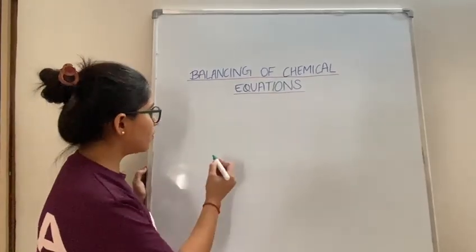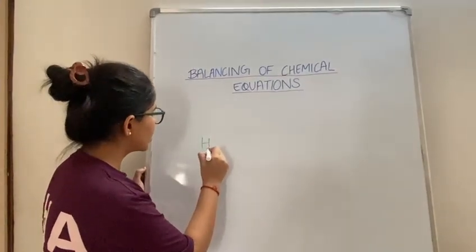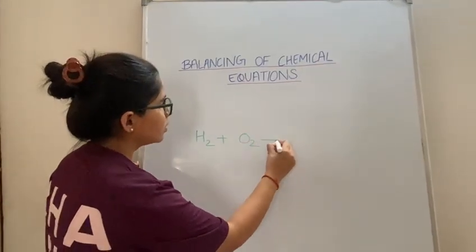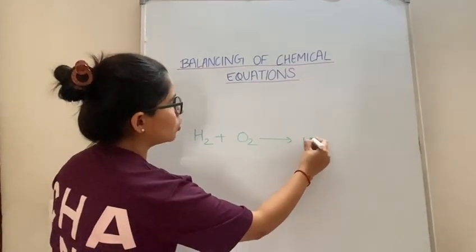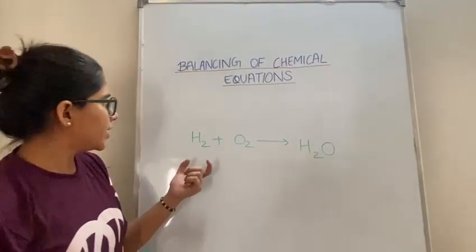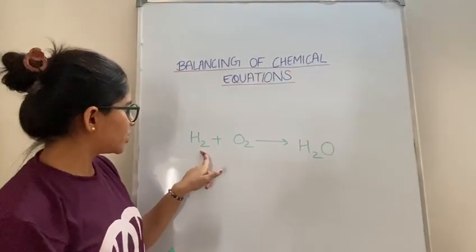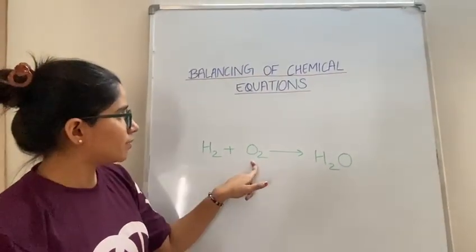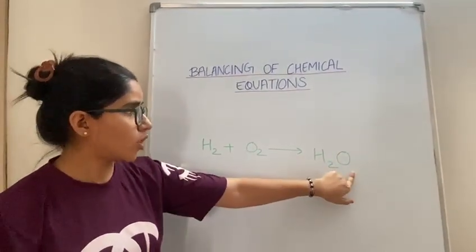Water is formed by the reaction between H2 and O2 to produce H2O, that is water. Here we have 2 atoms of hydrogen and here also 2 atoms of hydrogen, and 2 atoms of oxygen and 1 atom of oxygen.